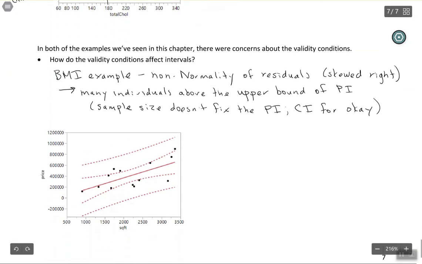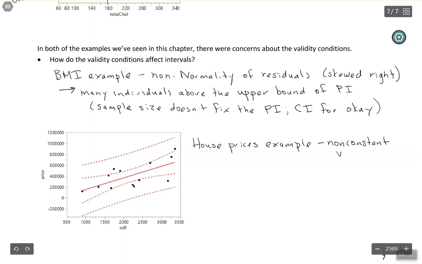Okay, what about the house prices example? So with the house prices example, we saw non-constant variance, right? We were worried that we might have a little bit of a funnel shape here. So the problem is, if you look at the prediction interval on each side of the mean, it's assuming that your spread is the same.